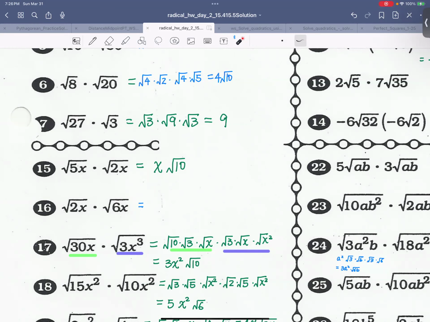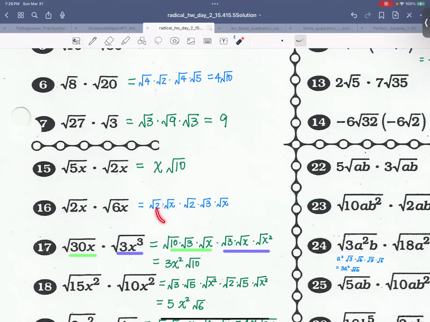So you have the square root of 2x times the square root of 6. Square root 6 is square root 2 times square root 3, right? Yeah. Okay, so you do square root 2 times square root 3 times square root x. Now, this gives you how much?